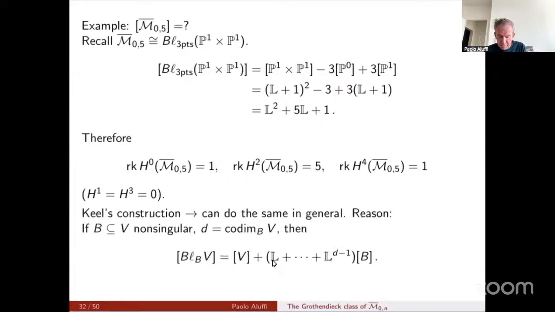Keel's construction tells me I can do the same in general. There's a reason that if V is non-singular and you blow up a non-singular subvariety B of codimension D, then the class of the blowup is not mysterious. And how do you get the class of the blowup? You take V, you throw away what you're blowing up, which is a copy of B, and you replace it with a P^(D-1) bundle over B, and think about it a moment, this is what you get.